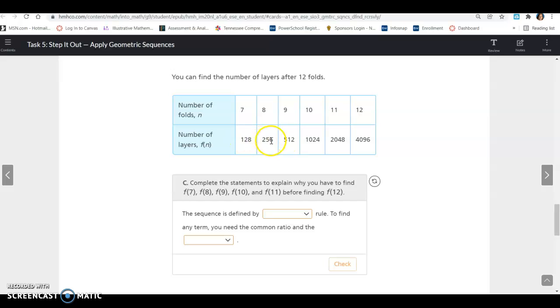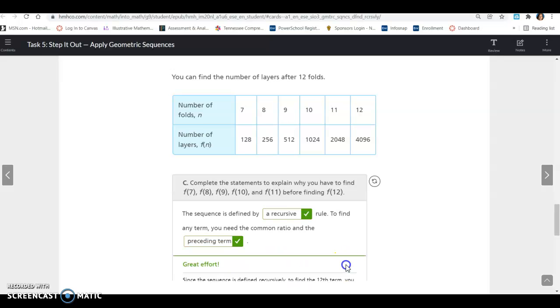So then we found 7, 8, 9, 10, 11, and 12 to finish that off. The sequence is defined by a recursive rule. To find any term, you need a common ratio and the preceding term.